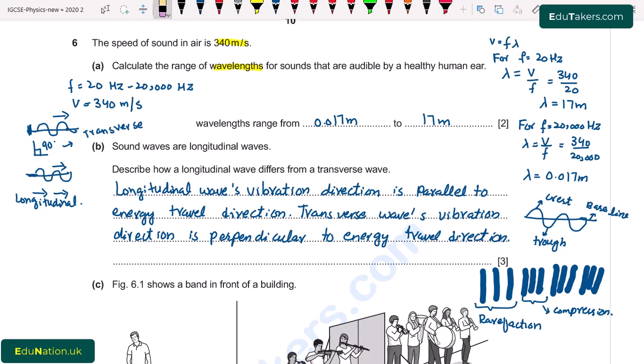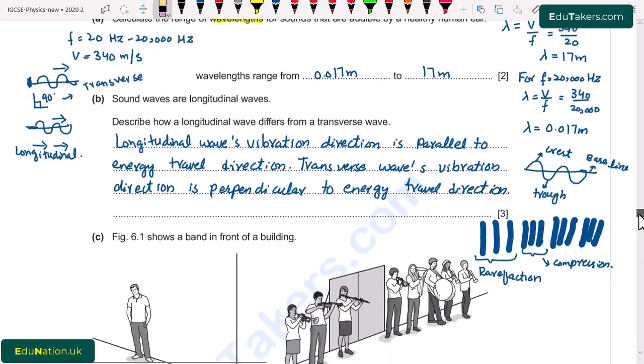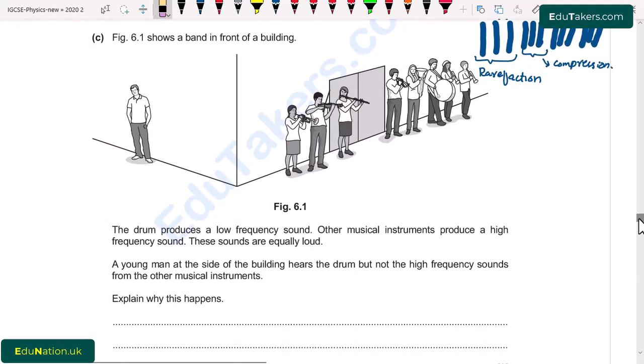Moving towards the next part of this question. Figure 6.1 shows a band in the front of a building. The drum produces a low frequency sound. Other musical instruments produce a high frequency sound.